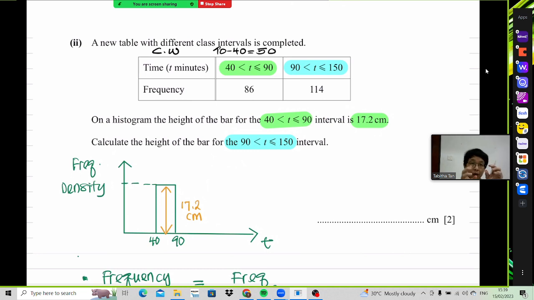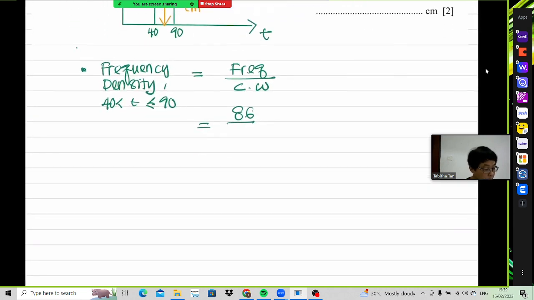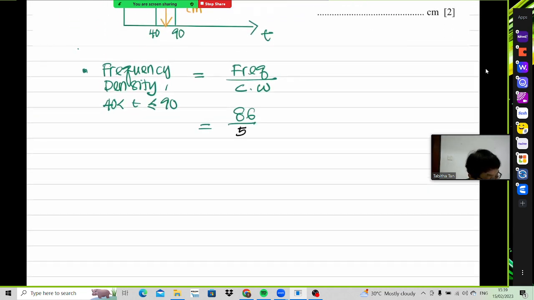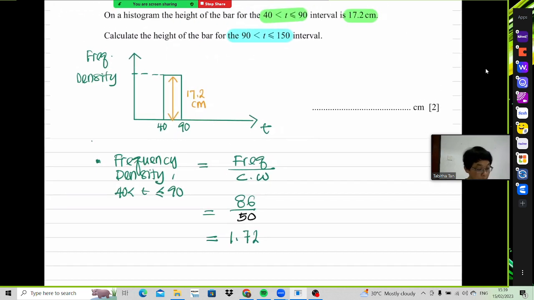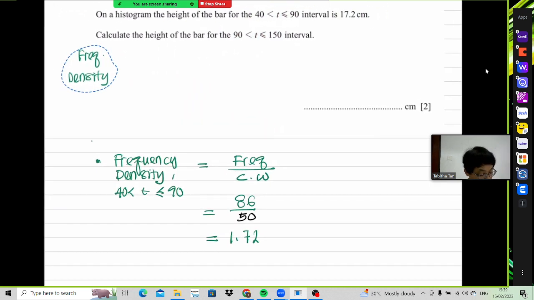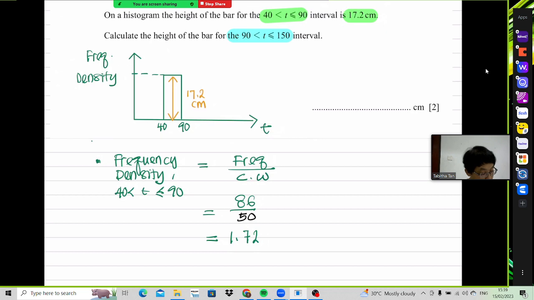So we're going to take that 50 and slot it into the formula. Let's get it out: 86 divided by 50 is 1.72.